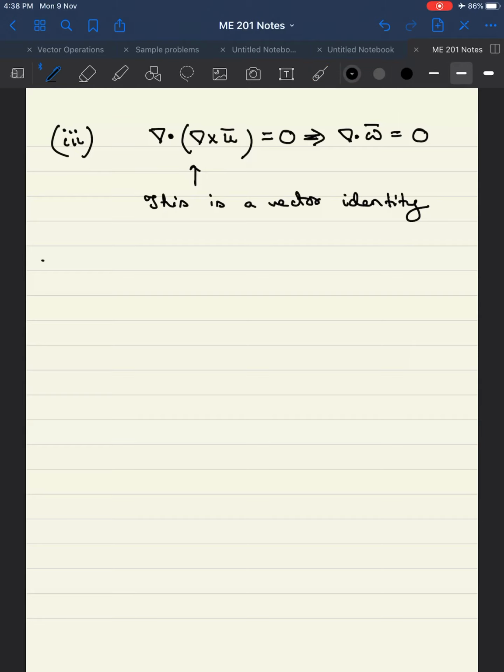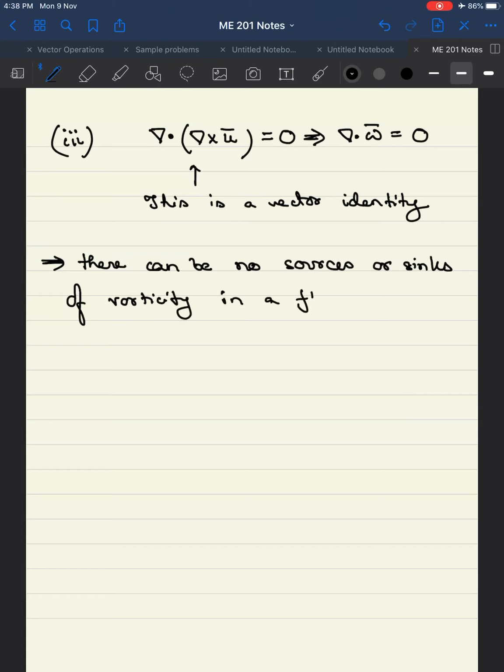So this implies that there can be no sources or sinks of vorticity in a flow. And this is a very, very important observation actually.